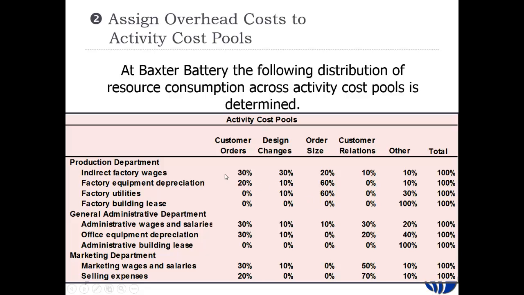Now, how do they get these percentages? Well, there's a couple of approaches. One is you could have engineers watch people and see how much time they spend doing each different type of activity. Another more cost-efficient way of doing things is just to survey the employees and find out how much time they think they're spending on activities related to these different cost pools.